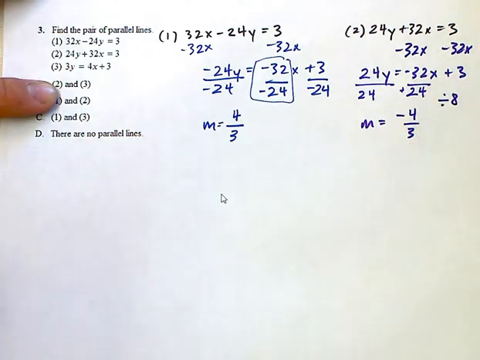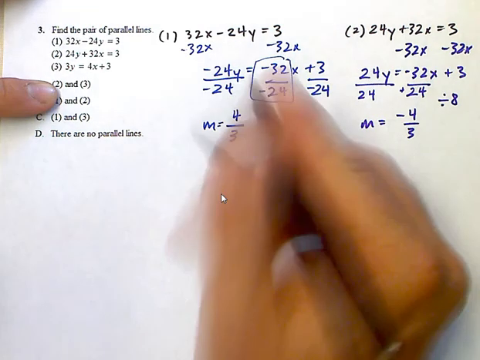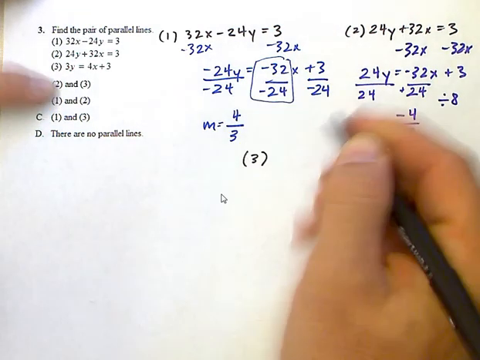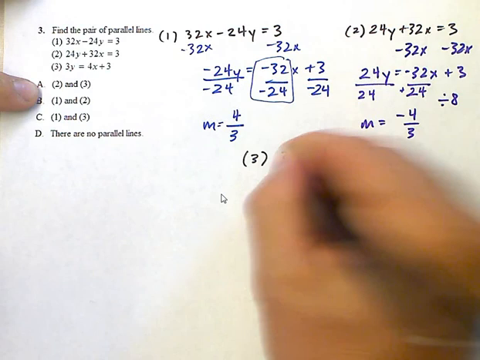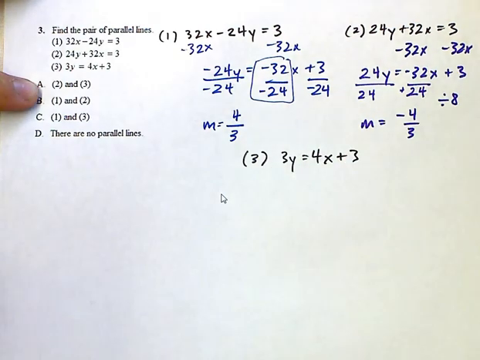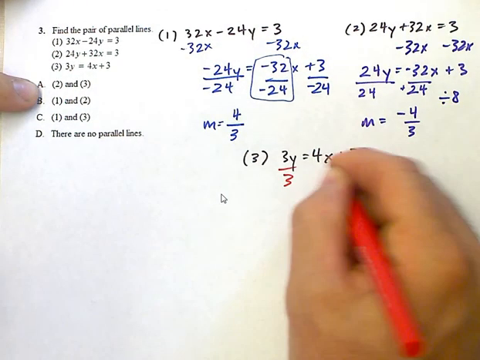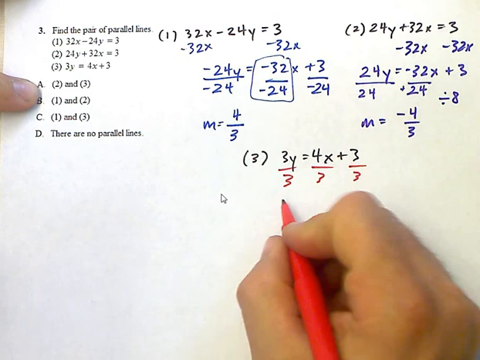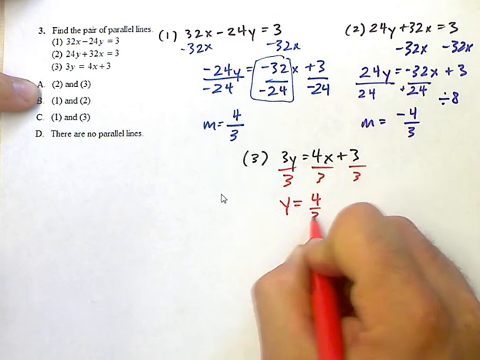And then the last one, 3y is equal to 4x plus 3. This one has a few less steps in it. I'm just dividing by the 3. I get y is equal to 4/3 x plus 1.